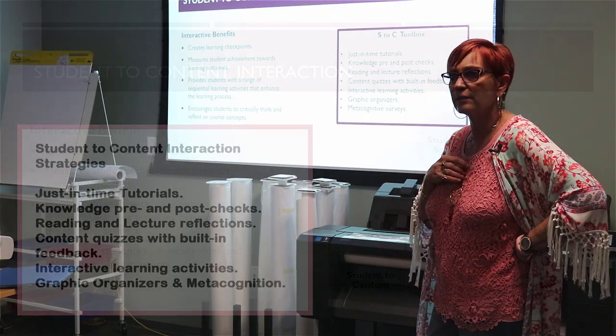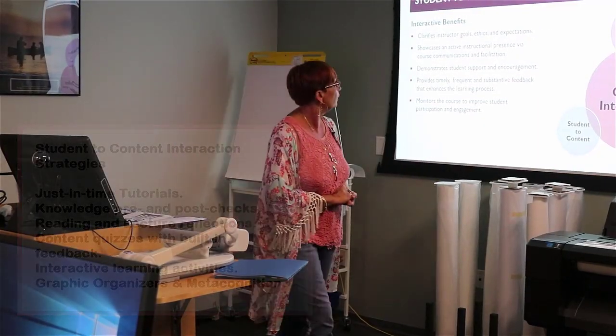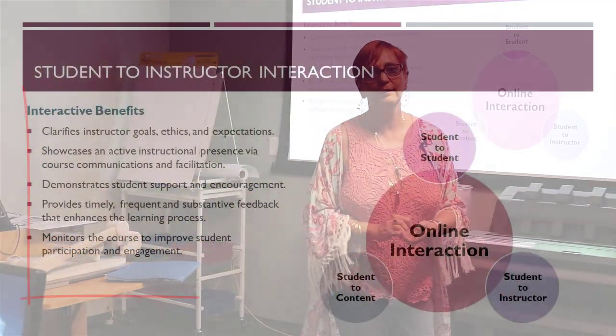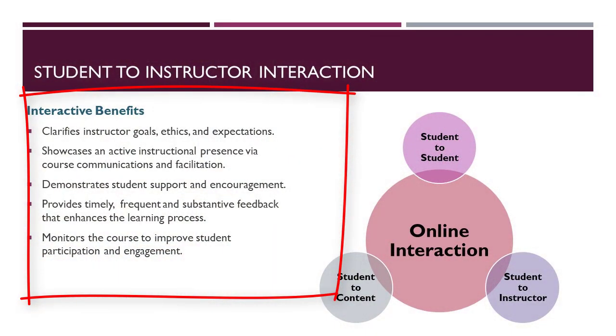Our last form of interaction is the most important. It's instructor to student, and it really does a lot for you. What the interaction research is telling us is that, number one, it really clarifies instructor goals, ethics, expectations, and what they know.